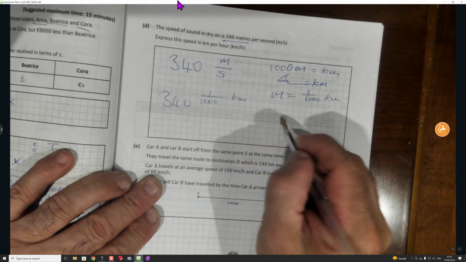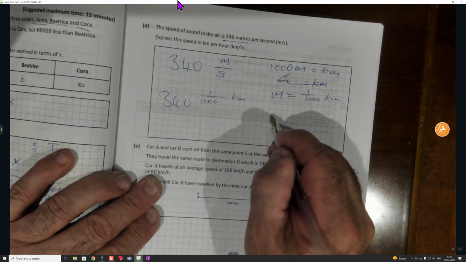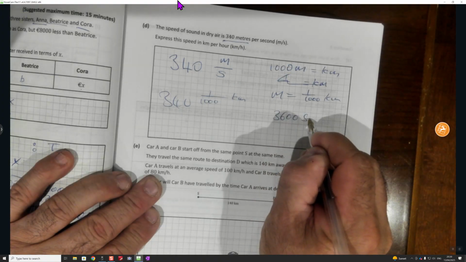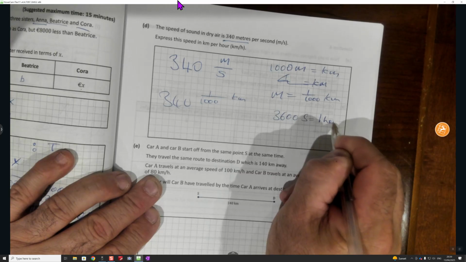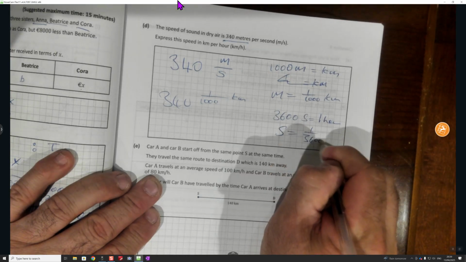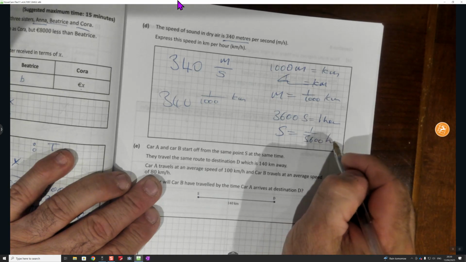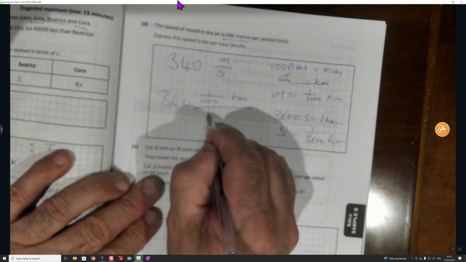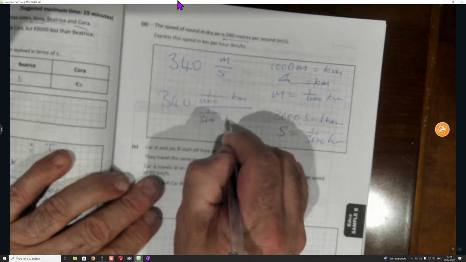And in the hour, we know that 60 by 60 is 3600, so 3,600 seconds equals 1 hour. And a second equals 1 over 3600 hours. So I can replace my second with 1 over 3600 hours.